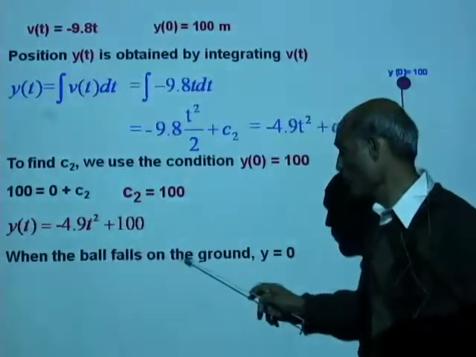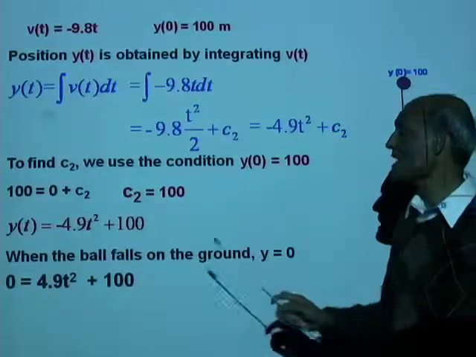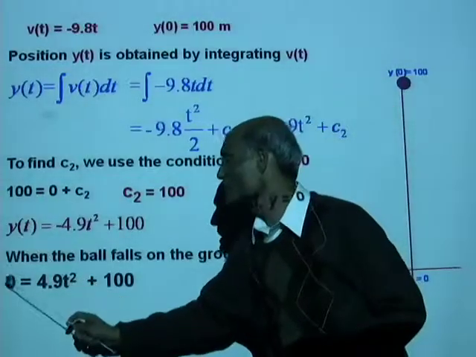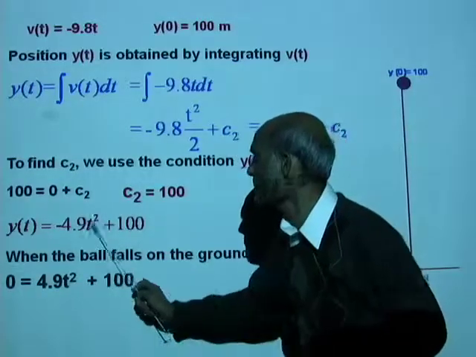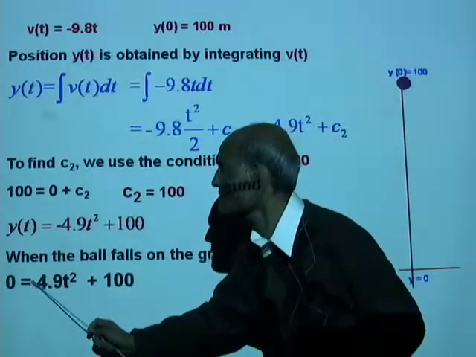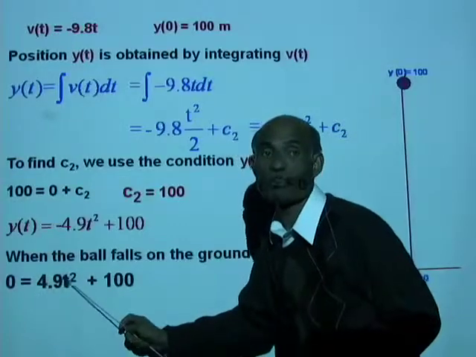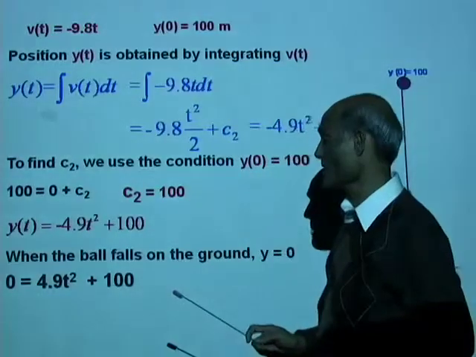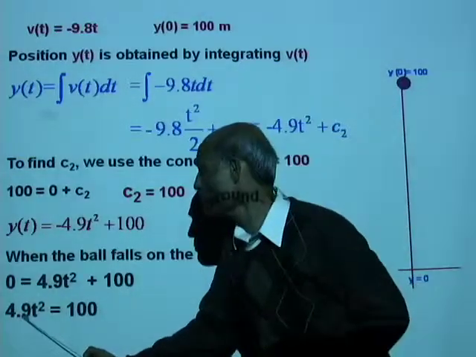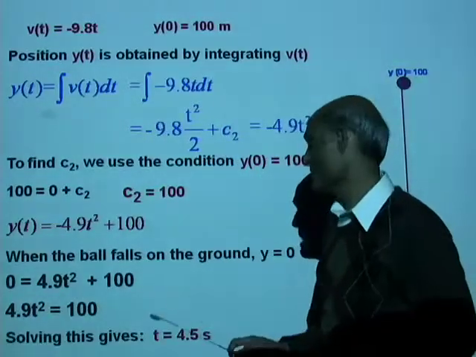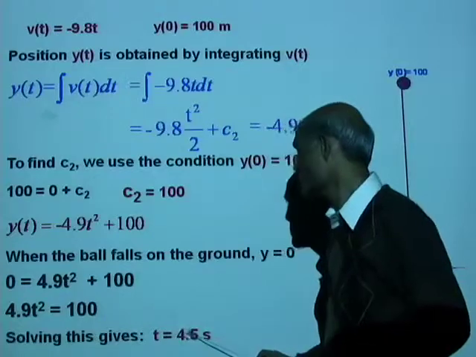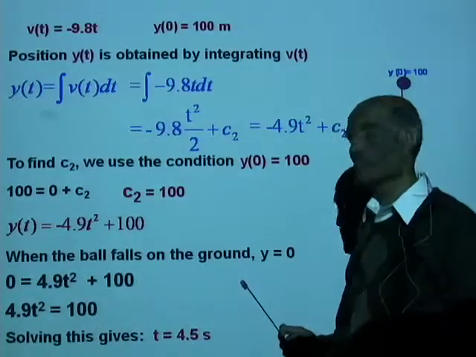So when the ball falls on the ground, y equal to 0. So we say 0 equal to negative 4.9 t squared plus 100, or 4.9 t squared equal to 100. That gives you t equal to 4.5 seconds.